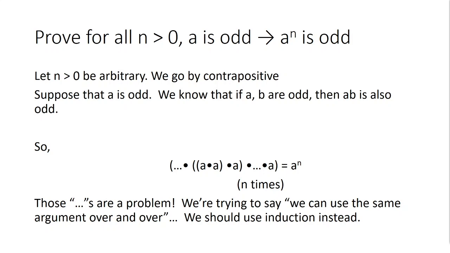We know that if a and b are odd, then a times b is also odd. So let's try. We can multiply a n times. a multiplied by a, that should be a to the nth.